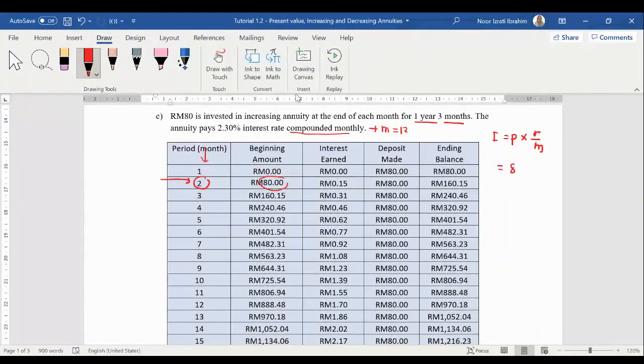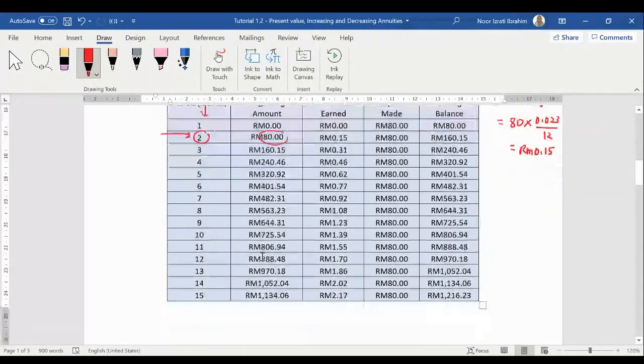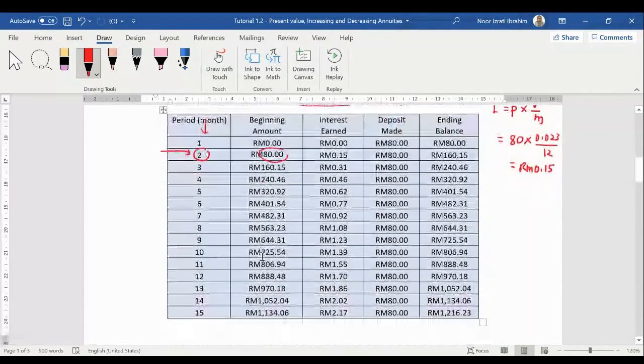So that will be the P value. Multiply with R, 2.3%, 0.023 over M, 12. That's how you get 15 cents. Okay, the process repeats until the 15 months.